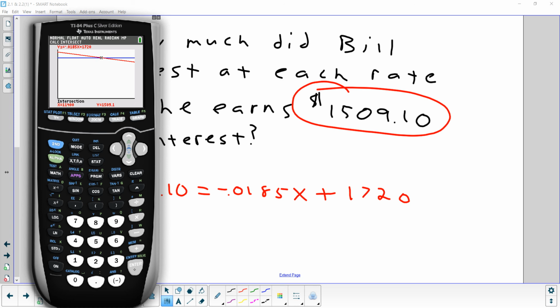And have we done the intersection before? People remember that? Have we done second calc intersect on the calculator before? Yep. Okay. So then the intersection here is 11,400. That's x.